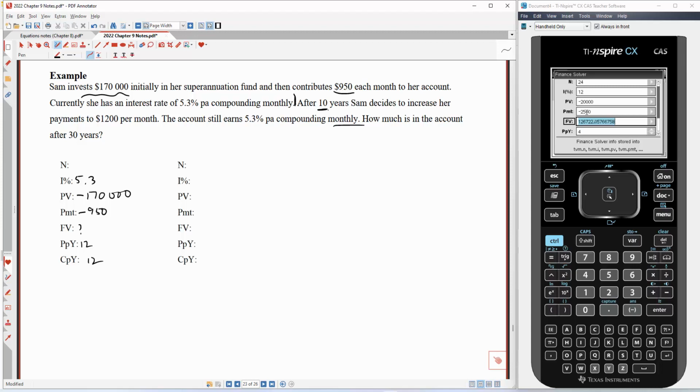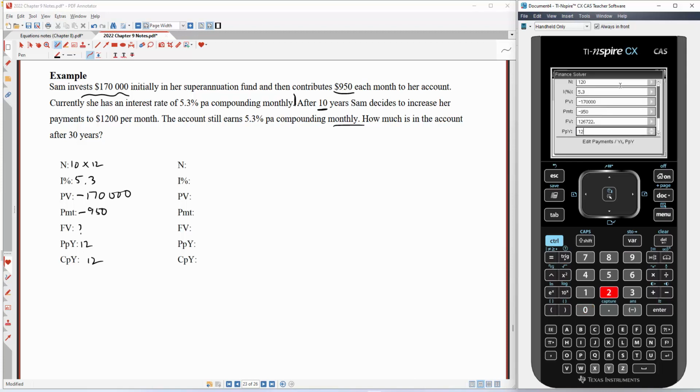All right, so what we're going to do is work out the future value after 10 years. That's 10 lots of 12. Okay, over to Financial Solver again. To the top, please. So that's going to be 120, 5.3, negative 170,000, negative 950.